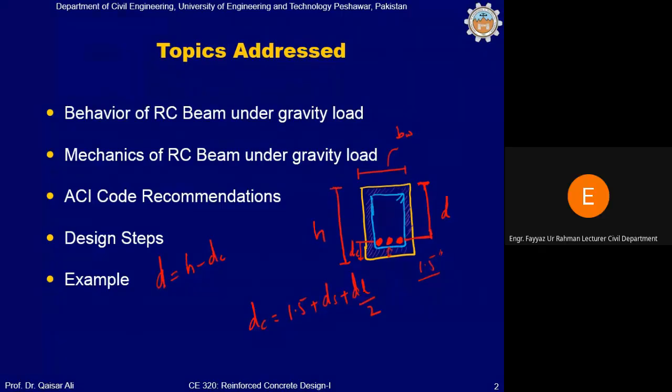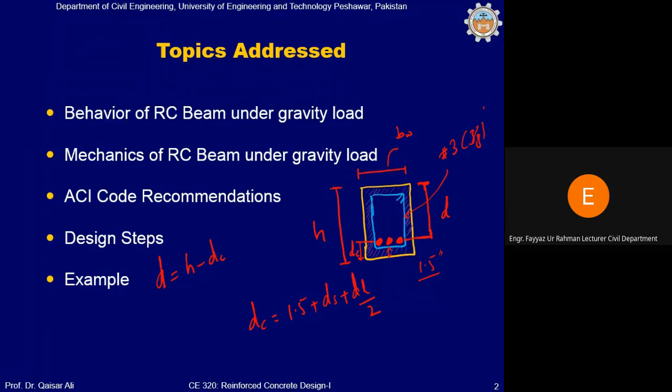So this you can calculate if the reinforcement is given. Usually the stirrup dia is number 3 bar, so the dia will be equal to 3 by 8 inches, and the main reinforcement will either be given to you, or you will calculate it.